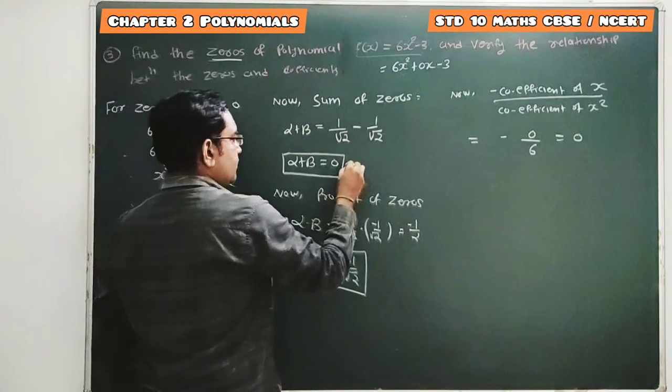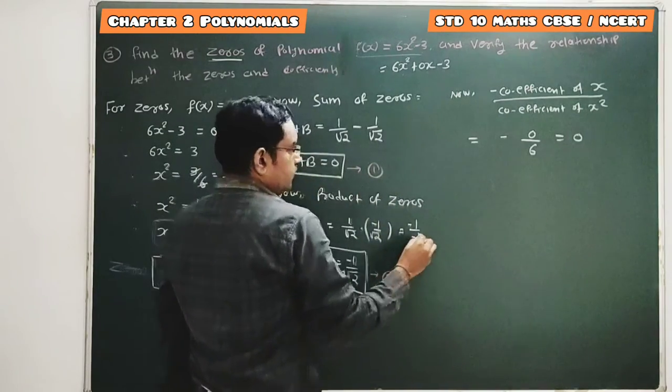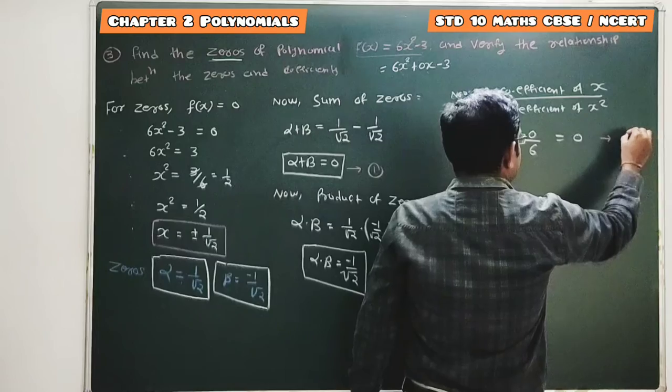So compare this. Say this one is result 1, this one is result 2, and this one is result 3.